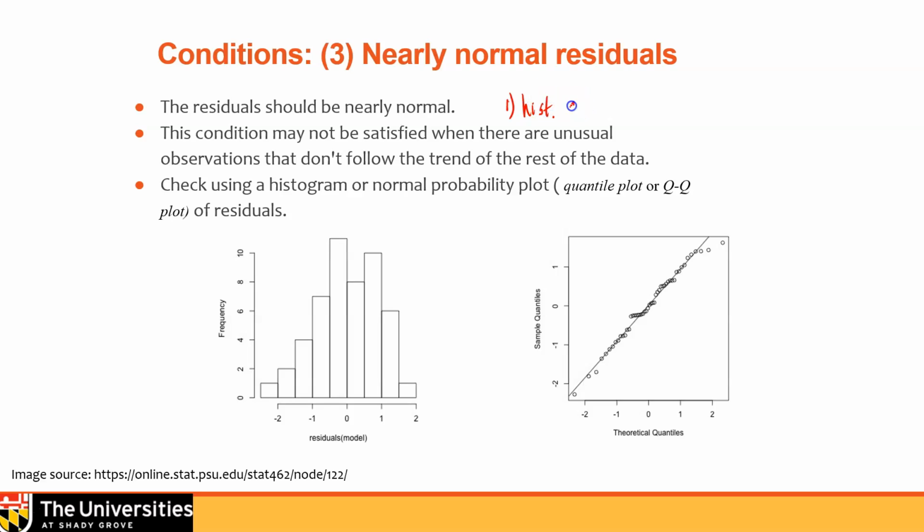We can do a QQ plot, which is what we've got here to the right, or we might run a particular test, and we've talked about certain tests in R that we can run on the data to see if it meets a normality criterion. In this particular set of data, you see that this pretty much falls along the line. There's a little bit of quirkiness here and there, but it's pretty close to normal. It's nearly normal, so these residuals would meet that condition.